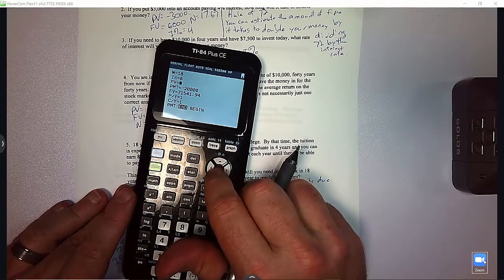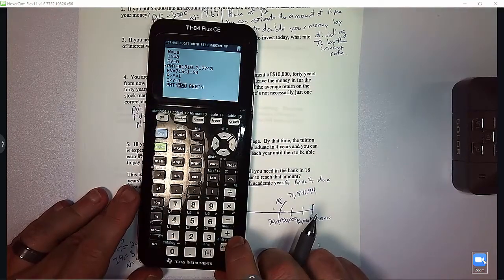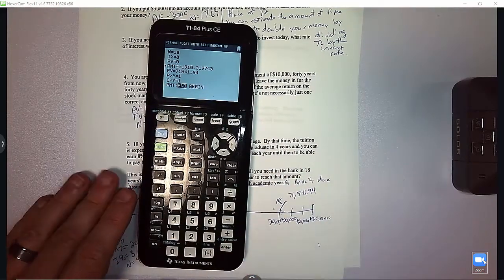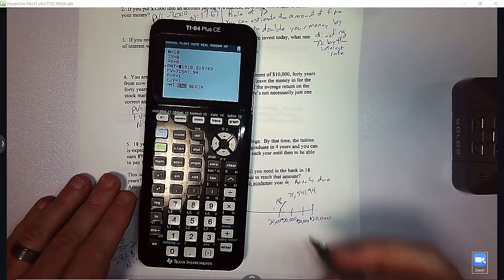I want to solve for my payment. So I'm going to press alpha, then enter. And so the payment I'm going to need to make at the end of the next 18 years is $1,910.32.